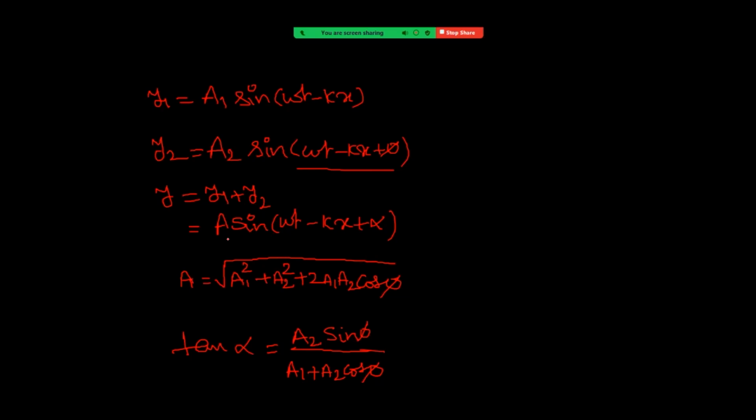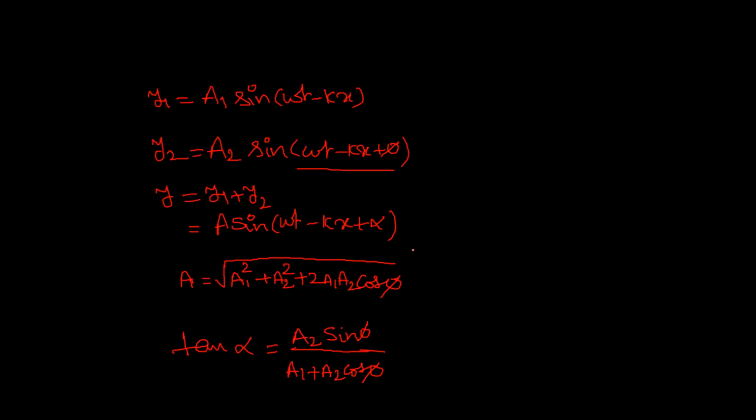See, from this equation, what we can say is when two waves traveling in the same direction having the same frequency are superposed, again we are going to get a wave of the same frequency traveling in the same direction.